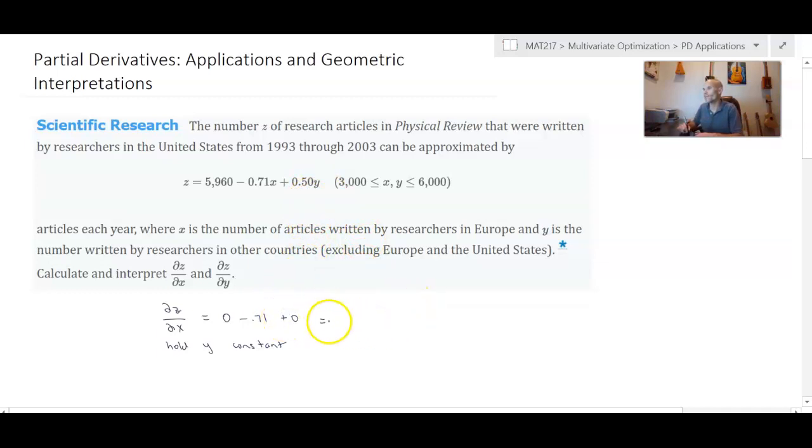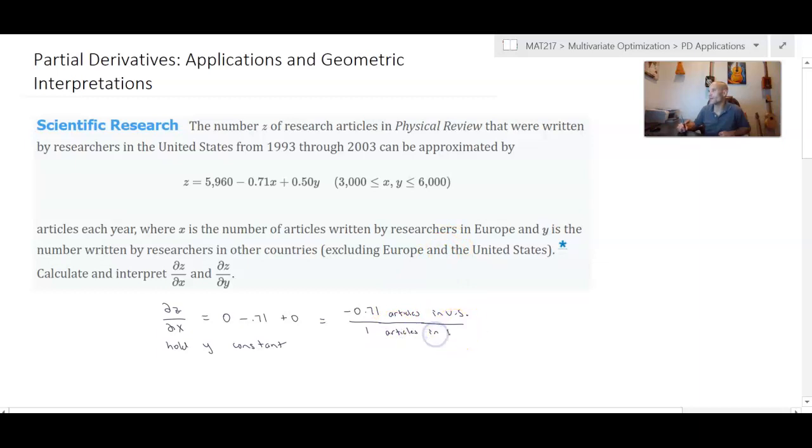So we get this constant value, negative 0.71. And again, put that over 1 because that has units of change in z per change in x. So what does z represent? Well, it's the number of articles in the US. And what is x? Well, that's the change in the number of articles in Europe.